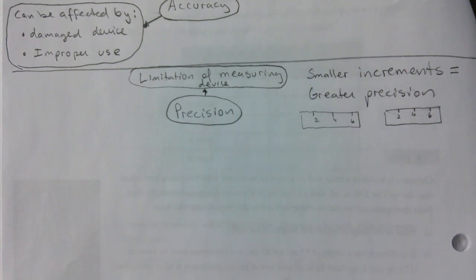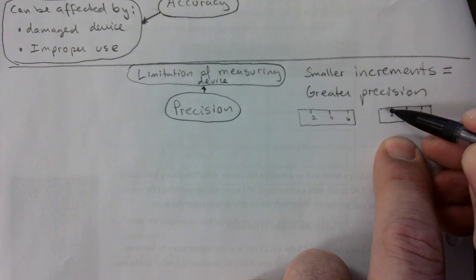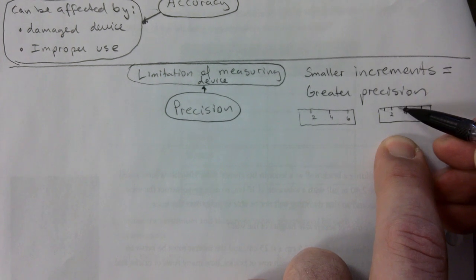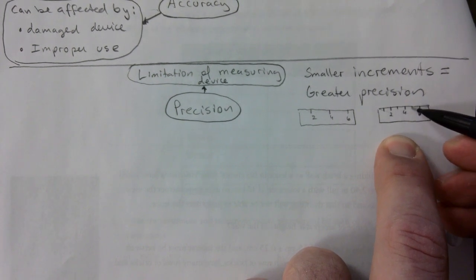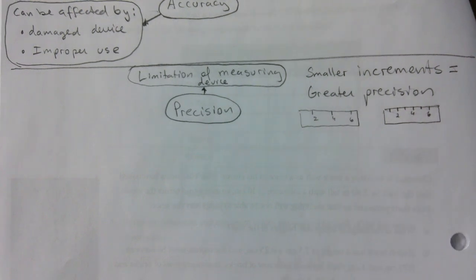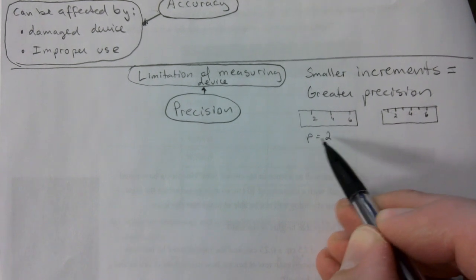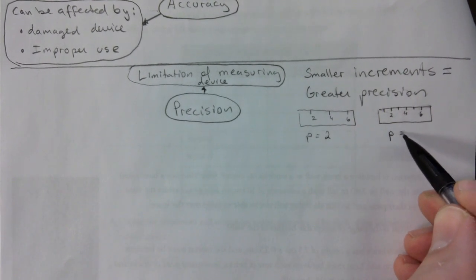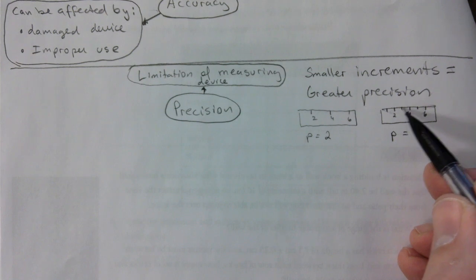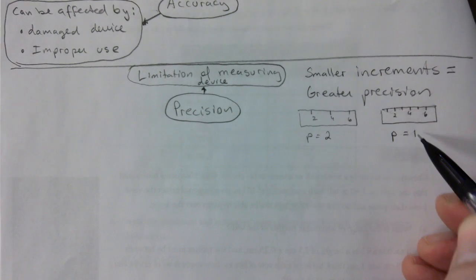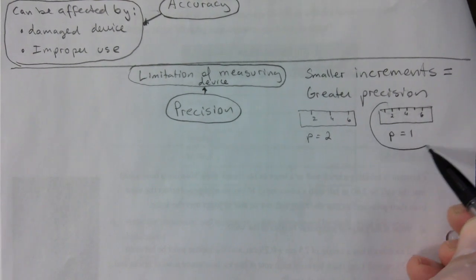But watch what I'm going to do to the one on the right. I'm going to add the factory, the manufacturer of that measuring device is going to put a mark in between two numbers. Immediately, because of that, this has a precision of 2. This has a precision of 1, right? Because it goes up by 1. Therefore, this is more precise.